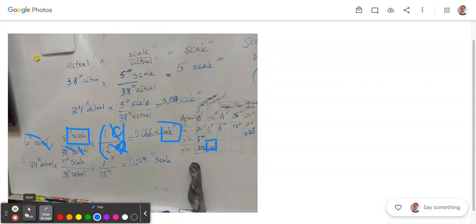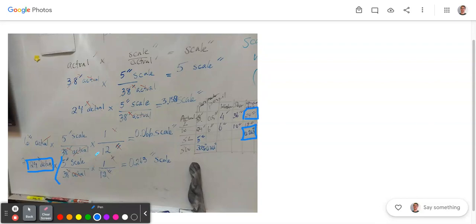Okay, last one. Let's do 24 actual inches. We got this from our actual measurement again. This time for a student desk. I'm going to do this one right now. And we're going to calculate this scale length right here for the student desk. Again, we start with the actual length, 24 actual inches.